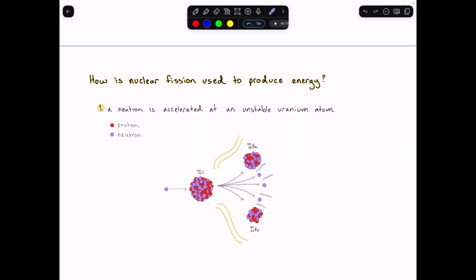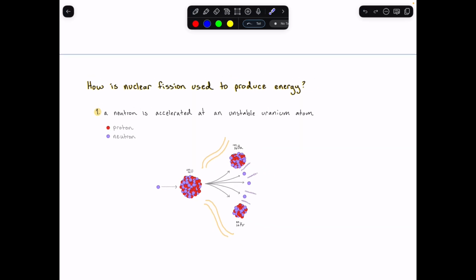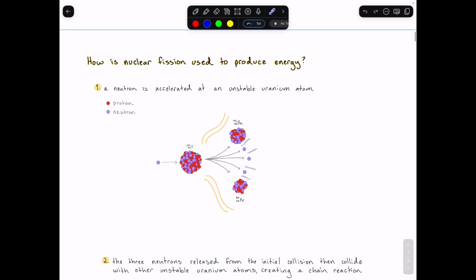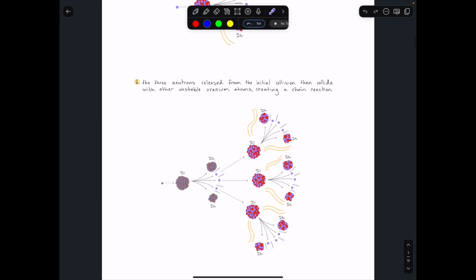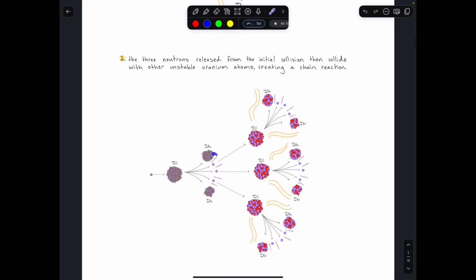And so what happens here in a nuclear power plant, you have this reaction, and this is the thermal heat that we want, like we have discussed in previous lectures. But how this is sustained is that these 3 neutrons that are released from this initial reaction then go on to potentially hit another unstable uranium or U-235 atom, which then has a chain reaction.